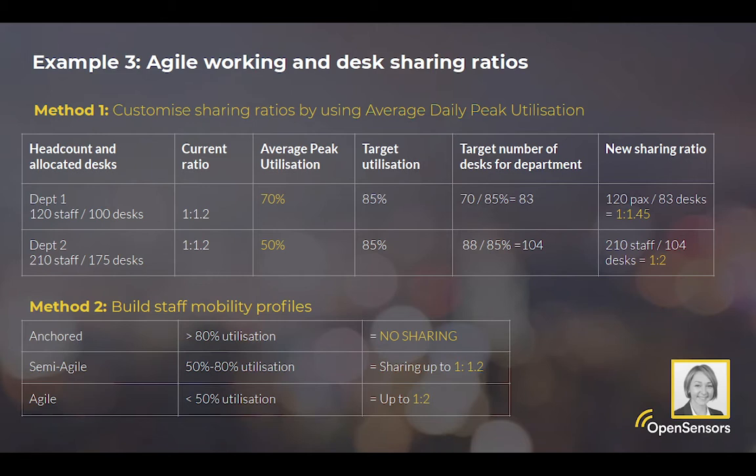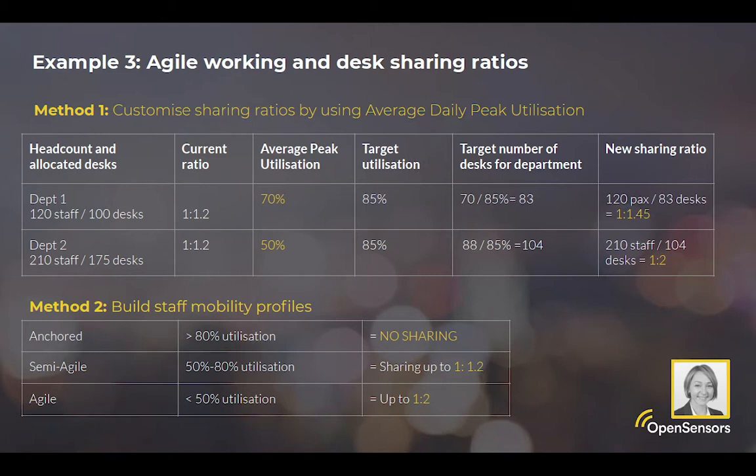The first example: two departments in one company with a different headcount, but the same current sharing ratios, which is basically a flat guideline across the whole organization. And the target utilization is 85%, which is again a flat target throughout.